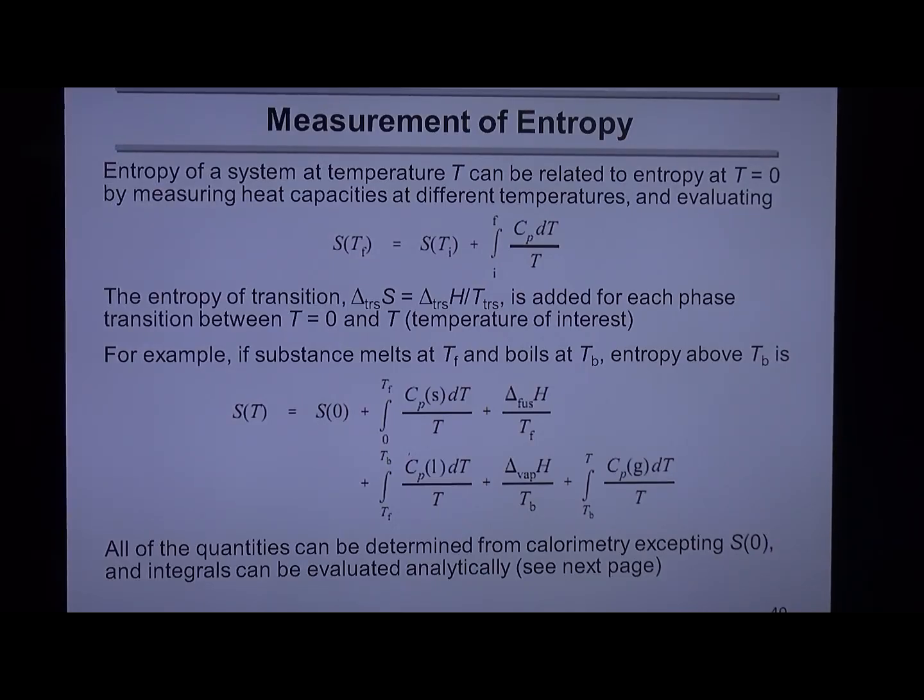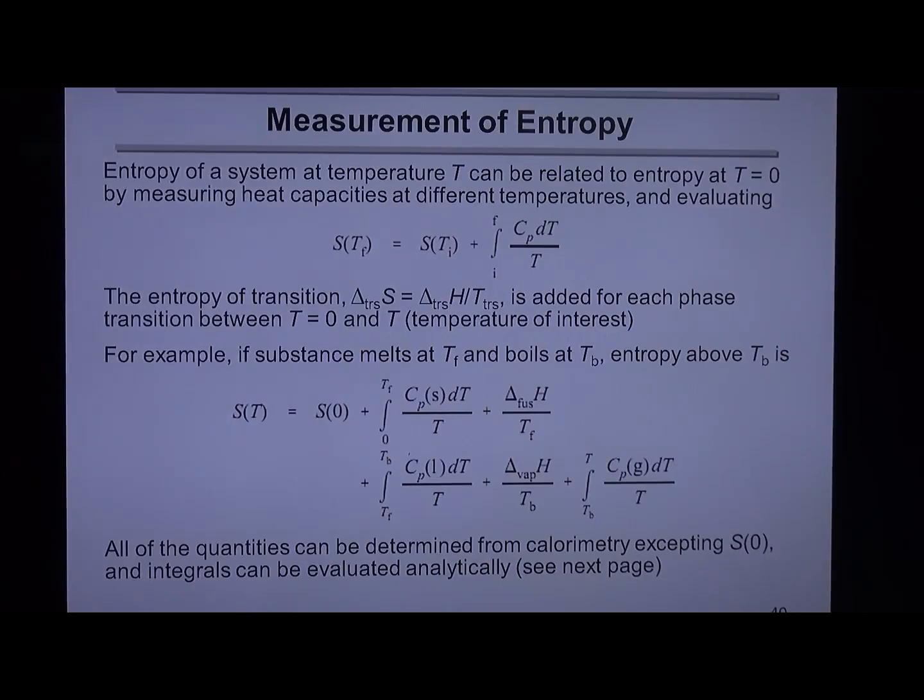This should be very easy, right? First, we need to know the value of entropy at absolute zero temperature, 0 Kelvin, S0. And then, from 0 Kelvin to the melting temperature, the material is solid.